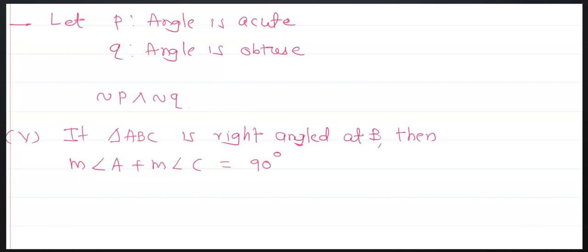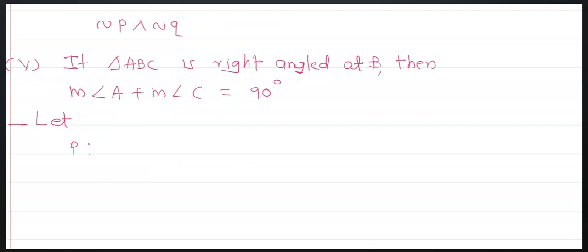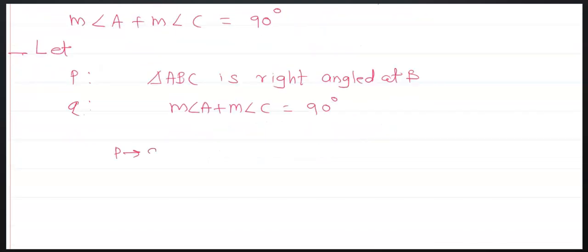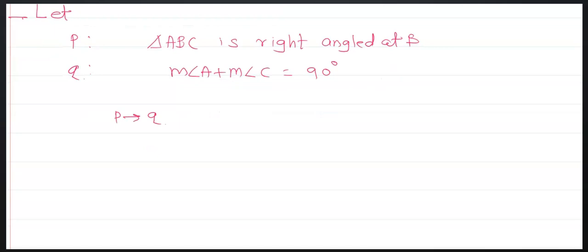Therefore, the first is P: triangle ABC is right angled at B. Q: measure of angle A plus measure of angle C is equal to 90 degrees. If then, that is the implication.